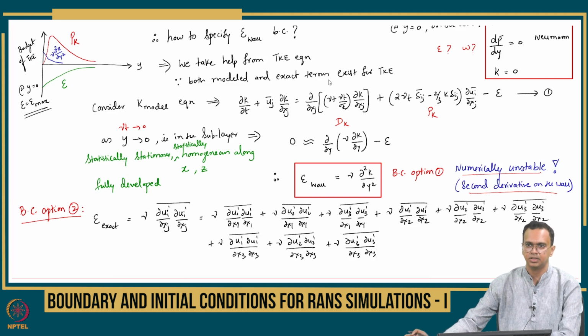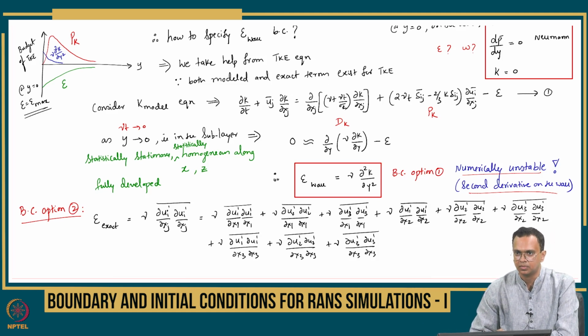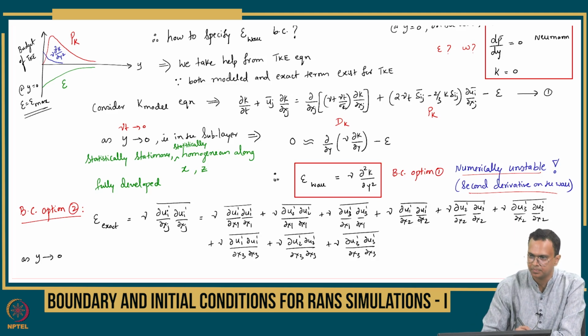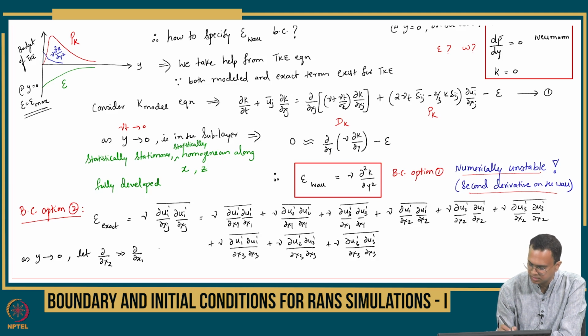Now we consider again the near wall zone, as y tends to 0. The ∂/∂x2 terms will be much larger than ∂/∂x1 or ∂/∂x3 terms.